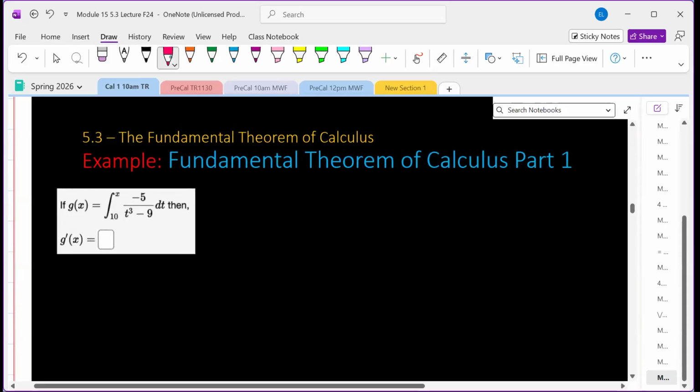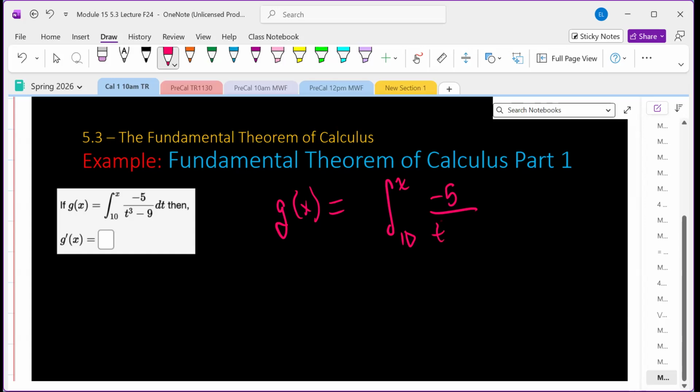So if I'm told that g of x is this antiderivative, the integral from 10 to x of this function, and all they ask for is g prime of x, then we have a shortcut formula we can use.